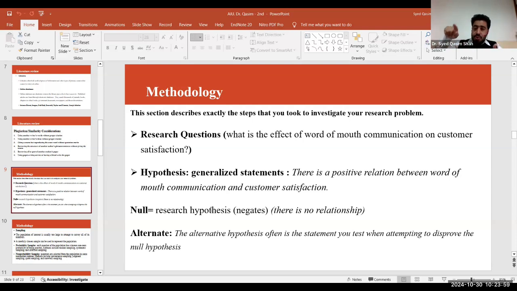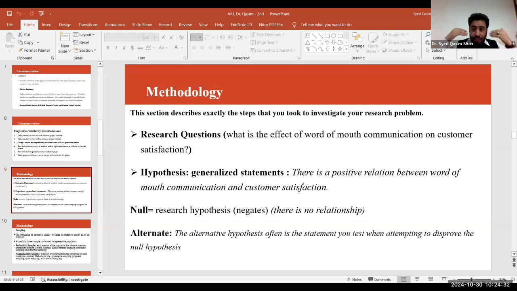And then, using certain methodology, certain results, techniques and tools, we come up with a decision or an argument: either a relationship exists or no relationship exists. But with the null hypothesis, we start by negating whatever we have presented, and then we want to test. The actual theme of the null hypothesis is that we are testing.